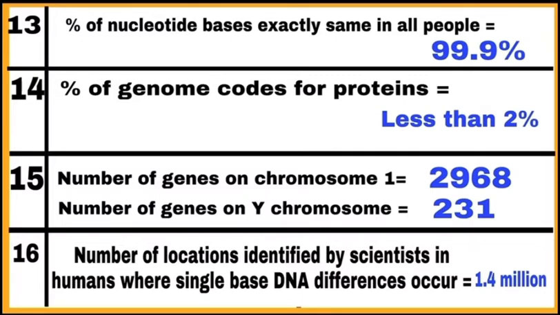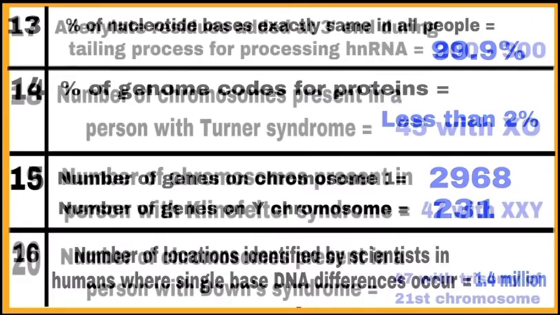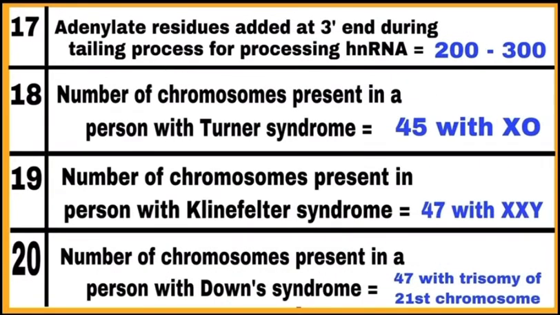Point 16. Number of locations identified by scientists in humans where single base DNA differences occur. Scientists have identified 1.4 million locations where single base DNA differences occur in humans. Point 17.